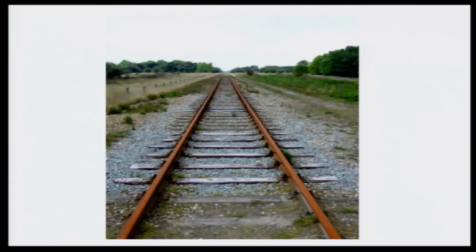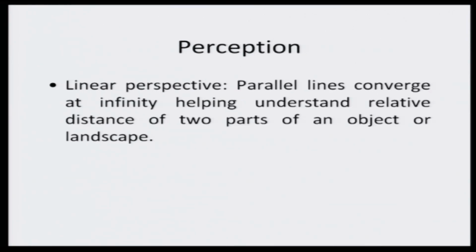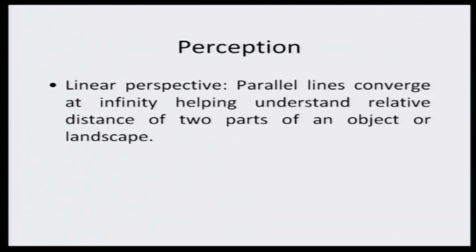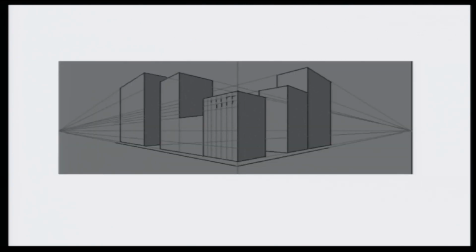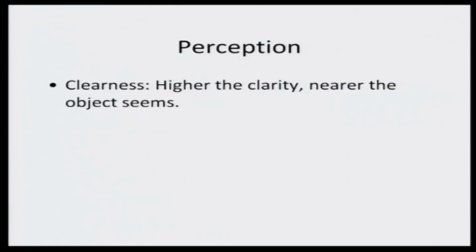Based on the monocular cues, whether the parallel lines converge or not decides what you are looking at and how you perceive the world around you. The first was the example of the urban landscape, the second is the example of again a modern infrastructure, the railway tracks.